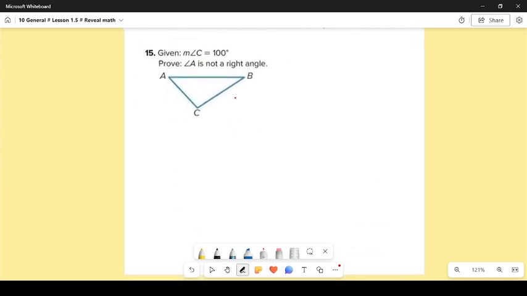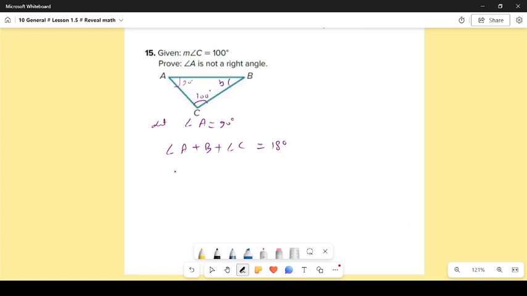question number 15. Let's start here. It is telling that angle C is 100 degrees, and I have to show that angle A is not 90 degrees. So let us suppose we do just the opposite. Let angle A be equal to 90 degrees, and I am considering this one is B. As I know, angle A plus B plus angle C should be equal to only and only 180 degrees, not more than this.